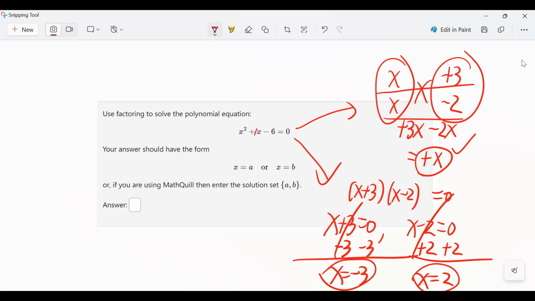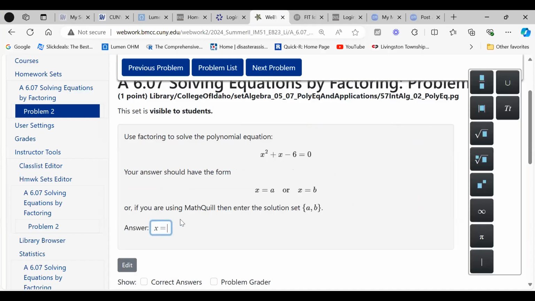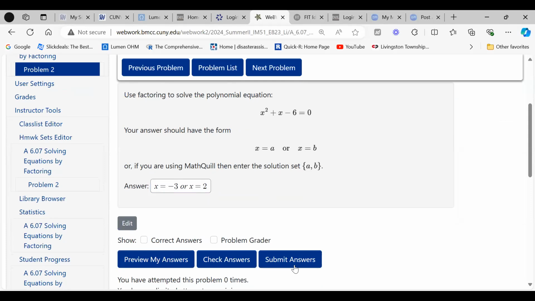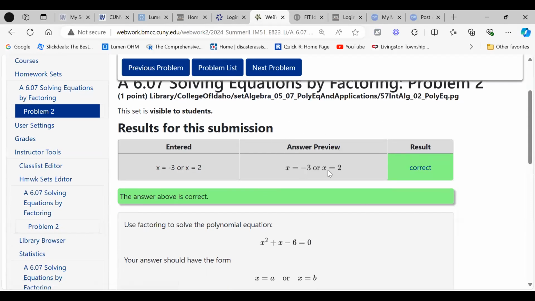And then we're going to write the answer as x equal to -3 or x equal to 2. Any question about this? Yeah, that's what they want you to answer. Yeah, that's good.